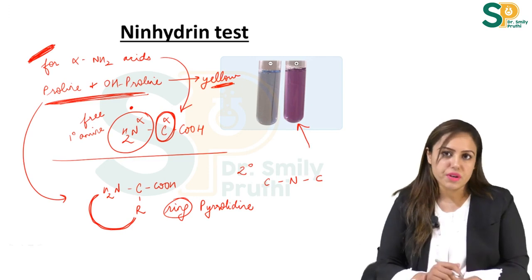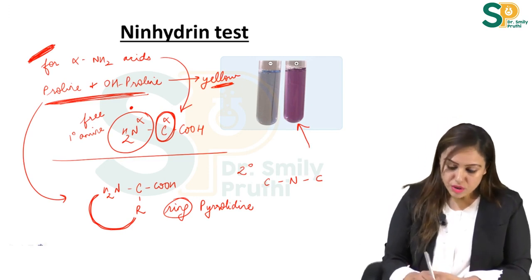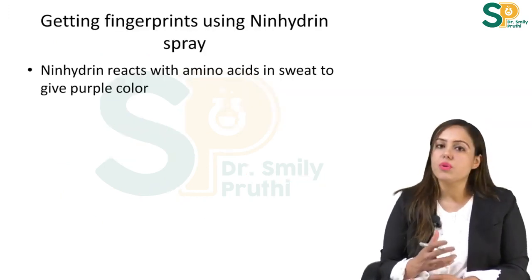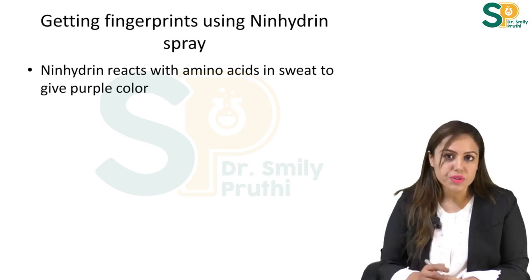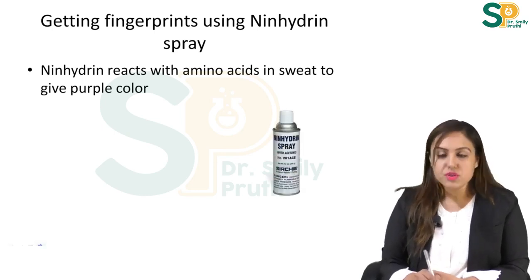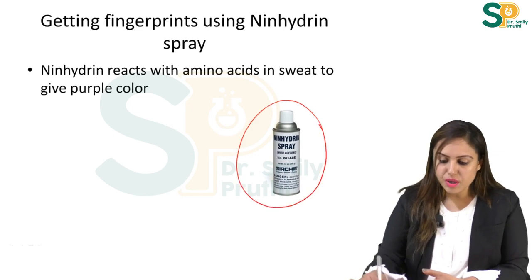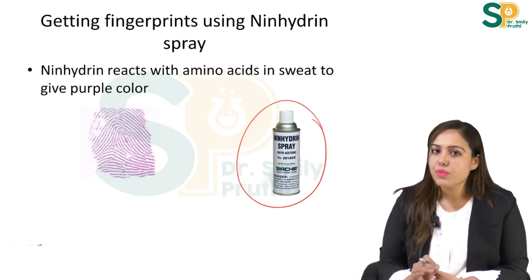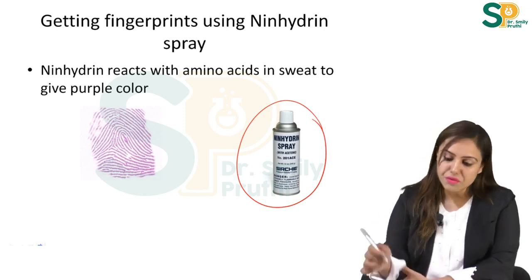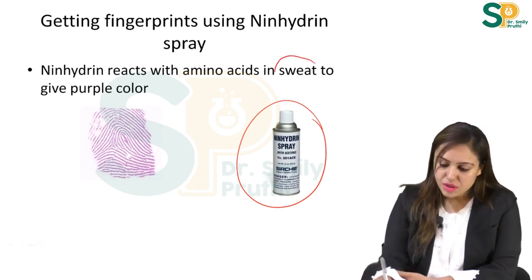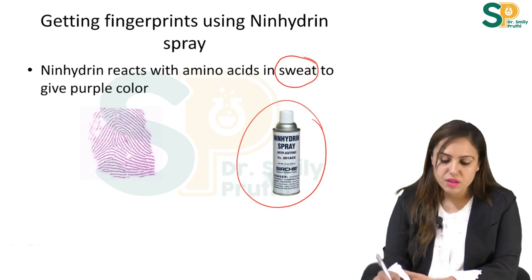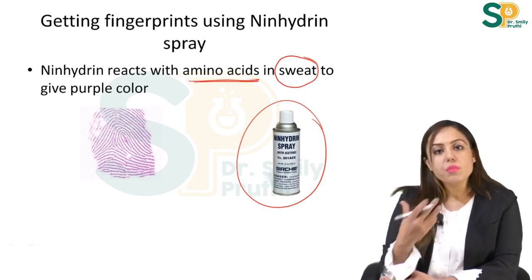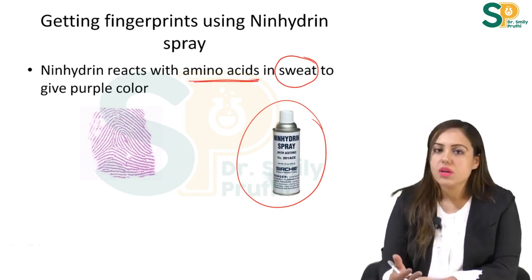They react differently, okay? Now this Ninhydrin test is also the basis of fingerprints. There is a Ninhydrin spray. Ninhydrin spray can be used for taking fingerprints, and the basis is this, that in the fingers we have sweat, and there are amino acids in the sweat.